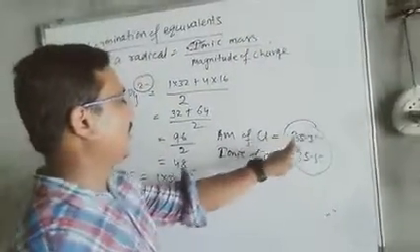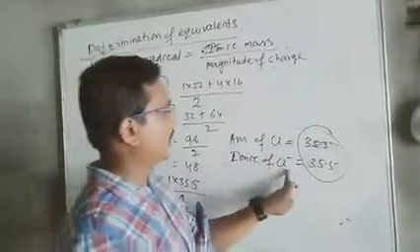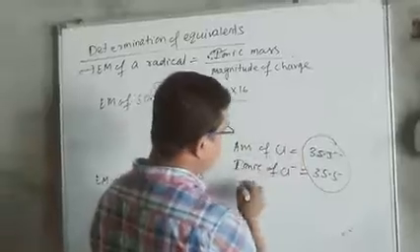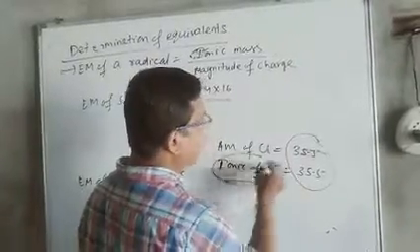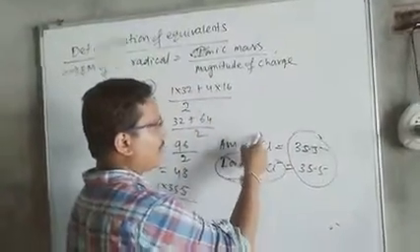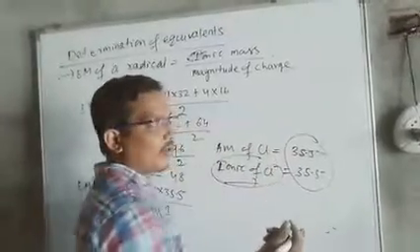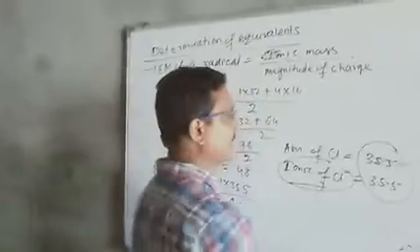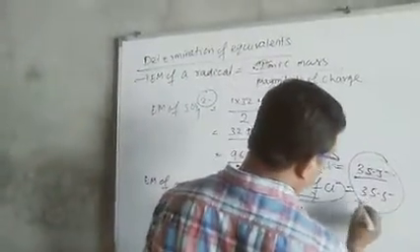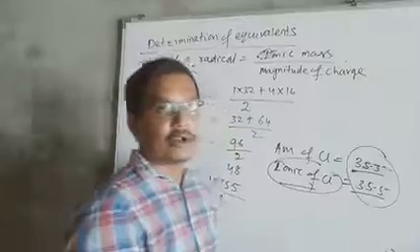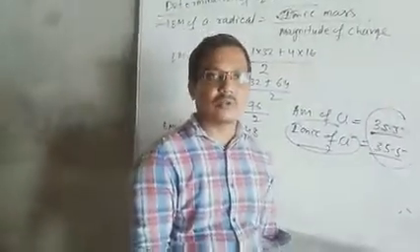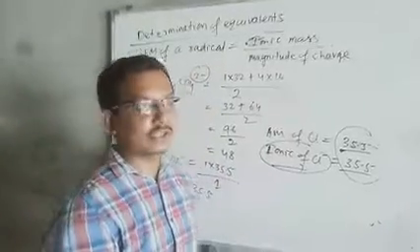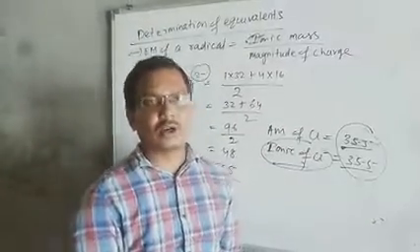The only difference is that one extra electron is present in Cl minus compared with Cl. One electron has very little mass, so we do not consider it and just take 35.5. That is all about the calculation of equivalent mass of an element. Next are acid, base, salt and radical.